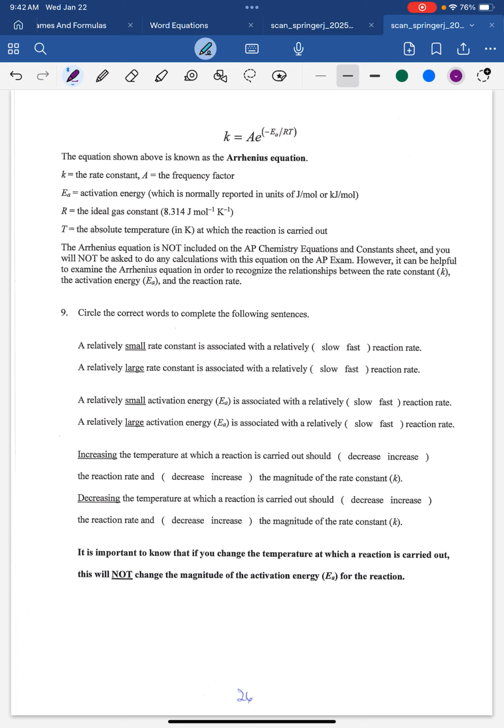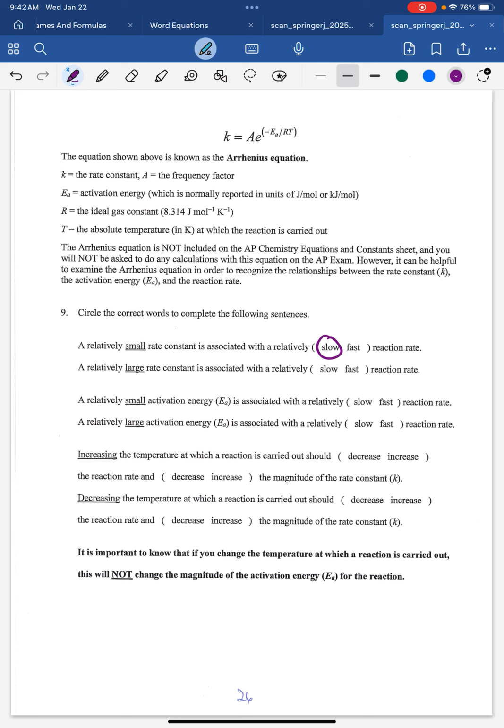So we're going to circle the words to complete the following sentences. A relatively small rate constant, that's K, is associated with a relatively slow or fast reaction rate. Well, if it's a small rate constant, that means it's a slow reaction rate.